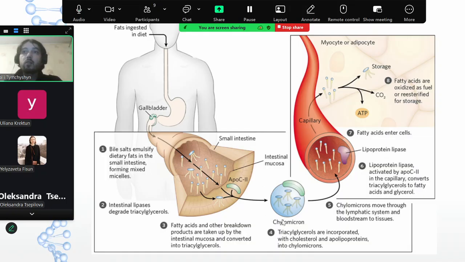And these chylomicrons can move through the lymphatic system and bloodstream to different tissues. So we are transporting this way all the different fatty acids to different tissues where they may use them for something, either for storage or maybe for getting some immediate energy. So whatever they need.